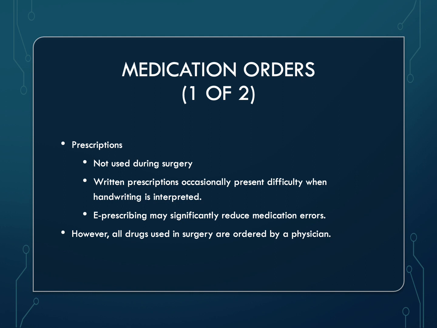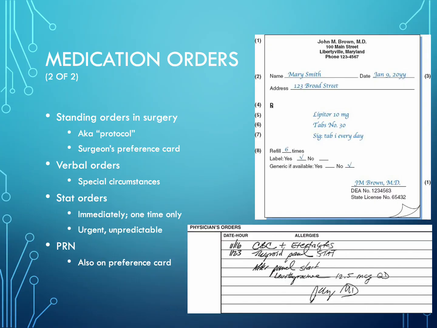And that's what we're going to talk about next. So in surgery, medication orders are going to be one of several types, which could include standing orders, verbal orders, immediate or stat orders, and as needed or PRN orders.